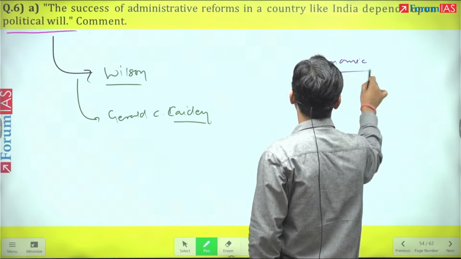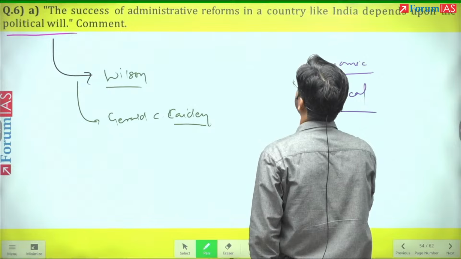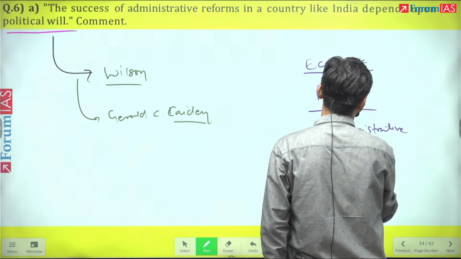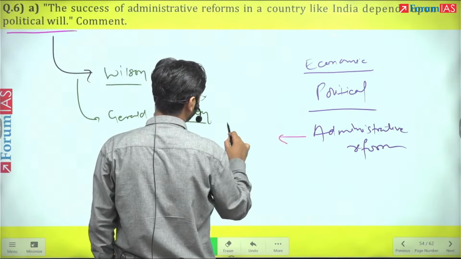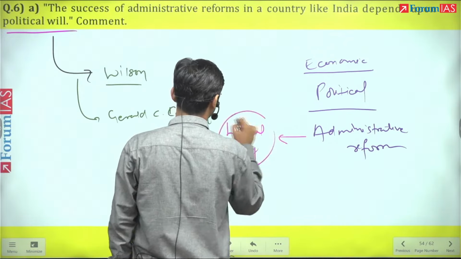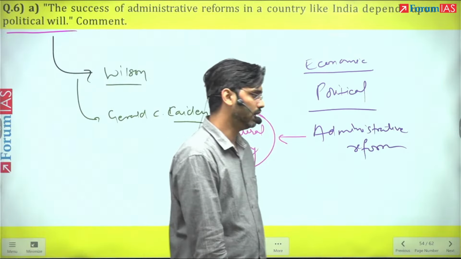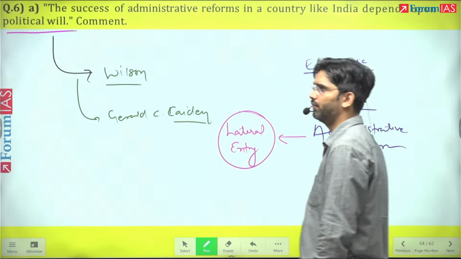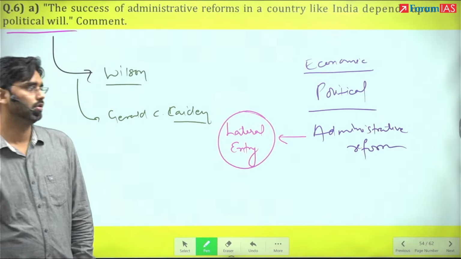Economic reforms, we also saw some kind of political reform, but we failed to see very much administrative reform. For example, recently you saw what happened to lateral entry. Why? Political factor. It was withdrawn completely due to the political factor. Okay?